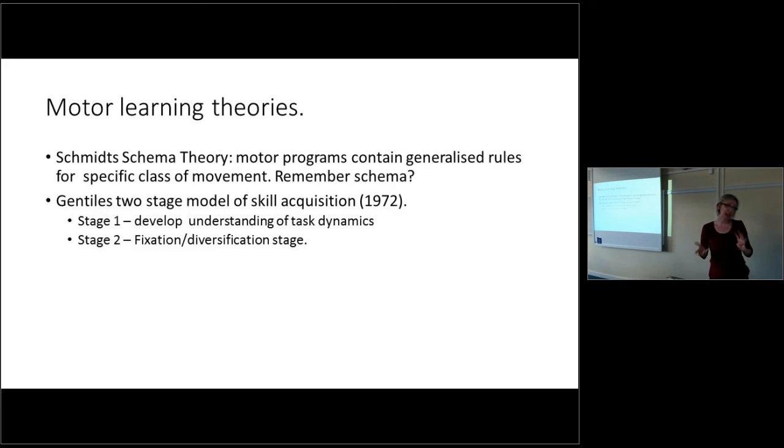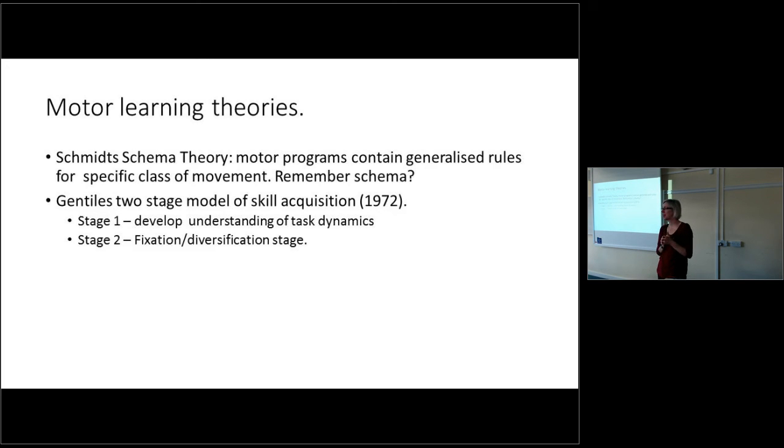So you'll hear about motor programs, which is why I've highlighted it. There was a theory that what happens is we develop motor programs, we develop schema for movement. Can you remember last week, we were talking about schema. Who was it who had schema as part of their theory? Anybody remember from last week?